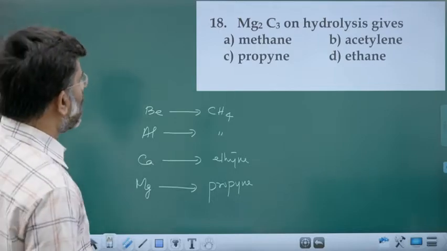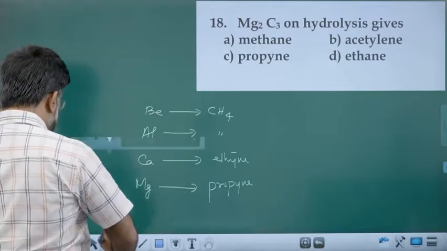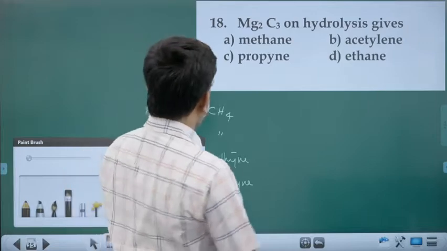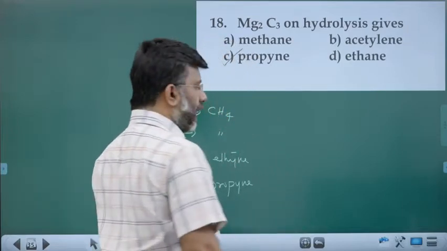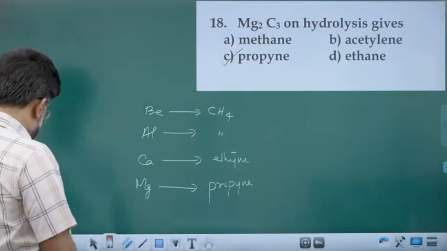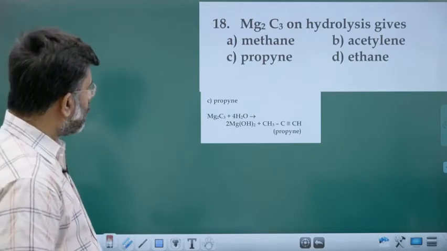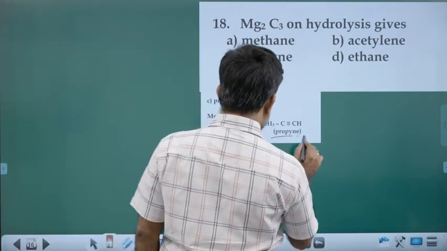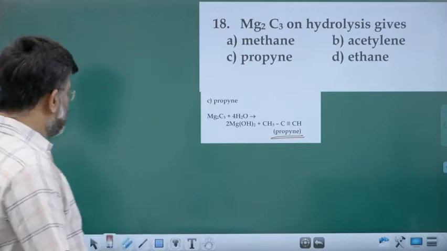So magnesium carbide on hydrolysis, the product obtained will be option C, propyne. And this is the reaction.